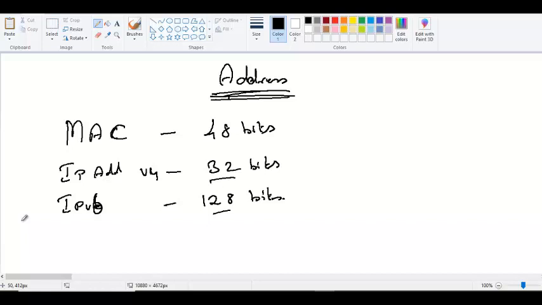Again, I'm telling you, even without your knowledge, you will be inside IPv6 one fine day, because your operating system is already enabled to support IPv6. And your routers and your PCs will get an IP address via DHCP from the ISP. So when the ISP gives an IPv6 address, your laptop will get an IPv6 address, and you will not know that.